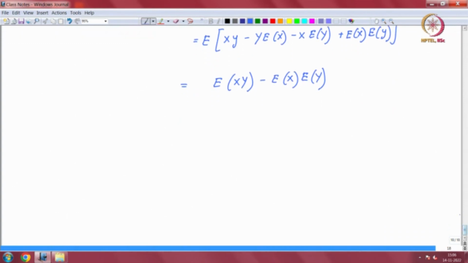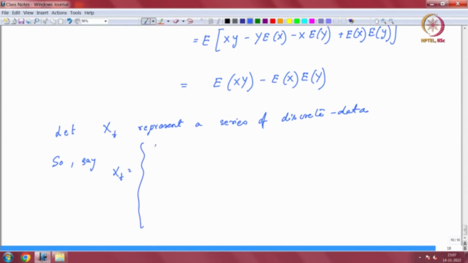So, let capital X_t represent a series of discrete data. Basically, X_t is nothing but a list of values x_n, small values.